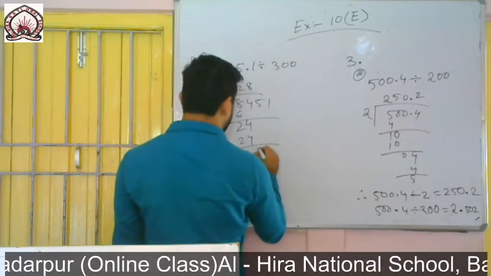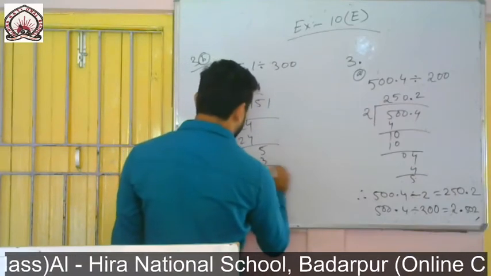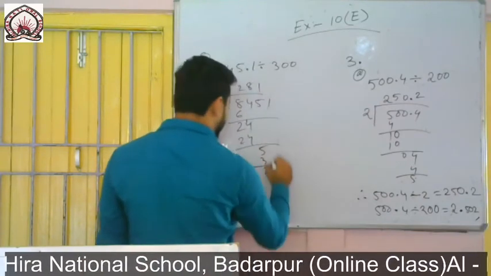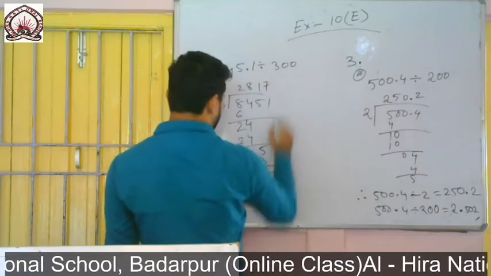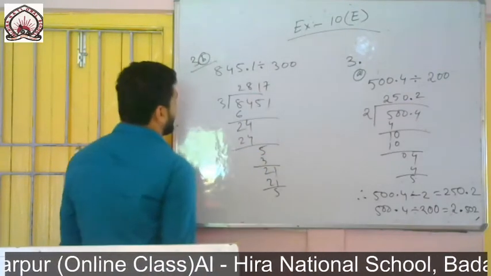Then we are getting 5, then 3 1s are 3, here remain 2, we'll take 1, then 3 7s are 21.